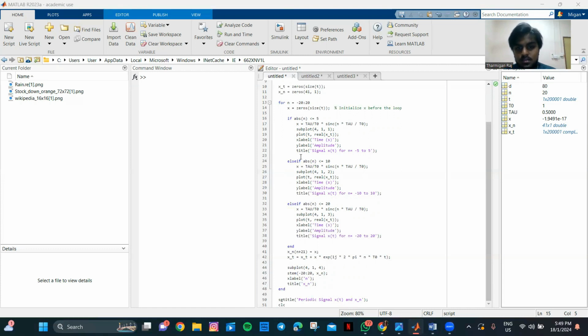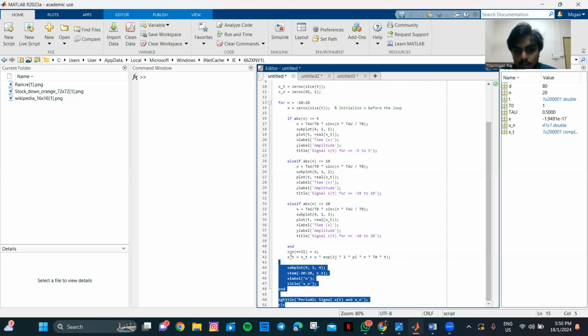And this is just the title of all the signals. These are all the formulas to define x. So x will be xn at n plus 21, and xt would be xt plus x times exponent j 2 pi n t over T0.